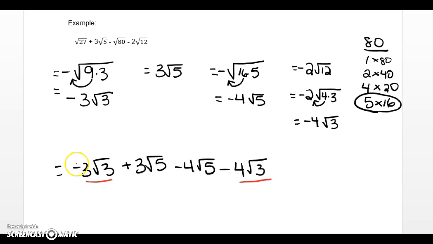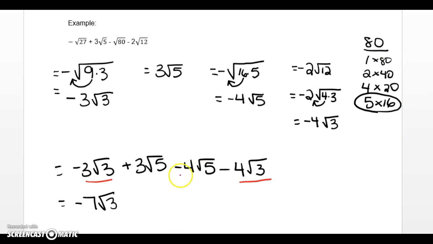So we'd have negative 3 square root of 3, subtract 4 square root of 3. What we do is take our coefficients, or those whole numbers out in front of that radical, and we add or subtract them. So we're going to go negative 3 minus 4, which is negative 7. And then the radical doesn't change, so it stays square root of 3.